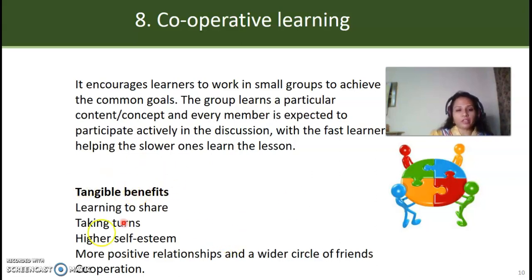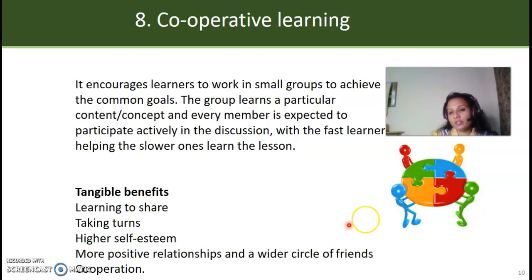So there are some tangible benefits of using this teaching strategy as well. Here I would take a pause and ask you, can you tell me what the benefits of using this strategy are?